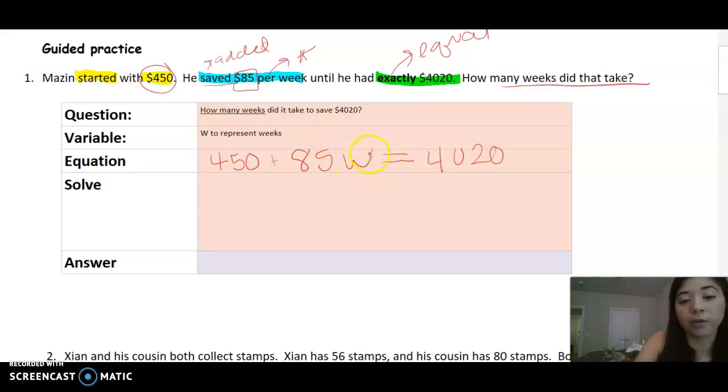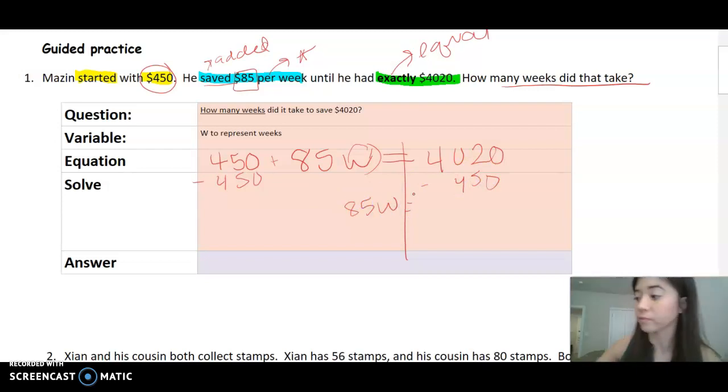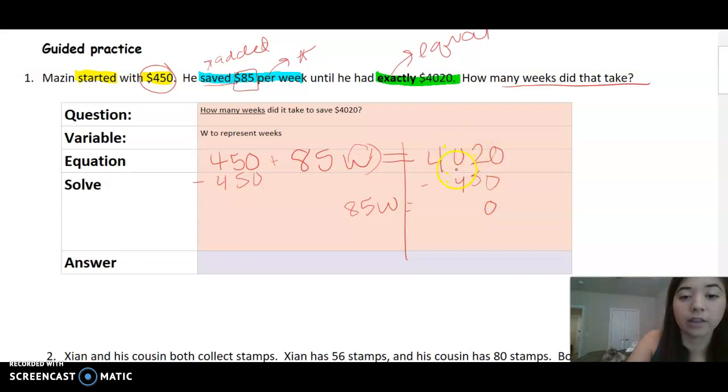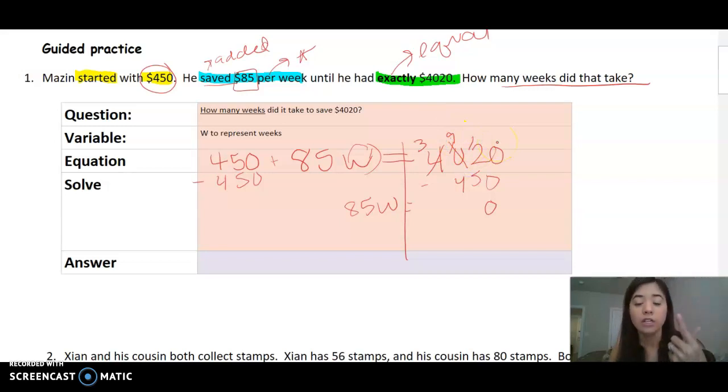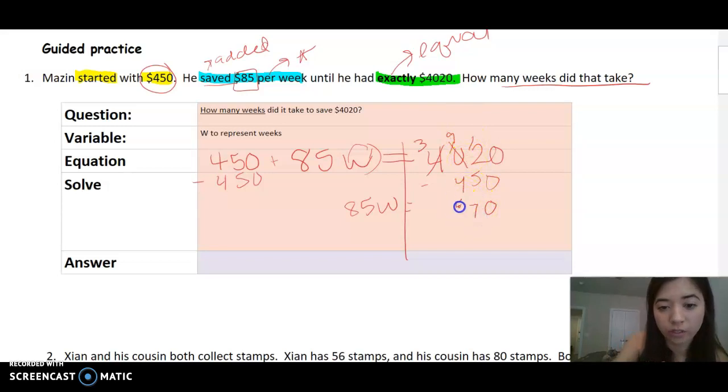So we're trying to find W here. I can subtract $450 from each side. And I get 85W equals 0 minus 0 is 0, and then I can't, so I have to borrow 10, I have to borrow 12, 11, 10, 9, 8, 7. 9 minus 4 is 5, and then we get 3.